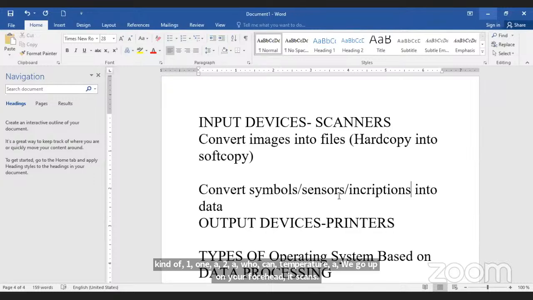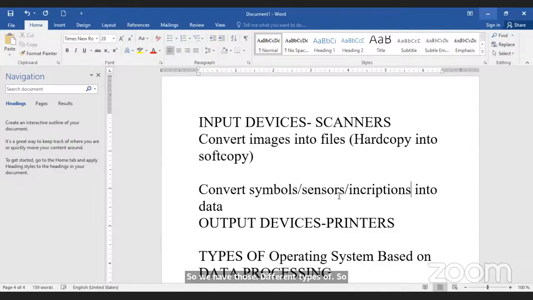So we have those guns that scan those codes to know which item you have purchased and what the current price is. Those are some of the scanners that we are interested in in this particular session. So we have those different types of scanners.